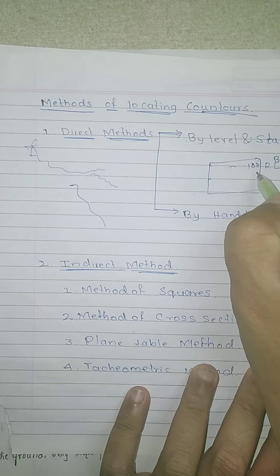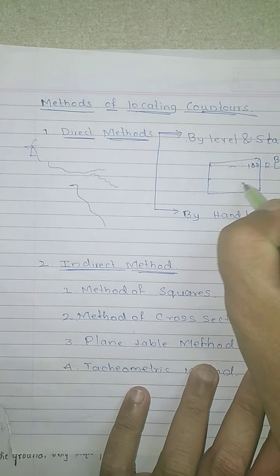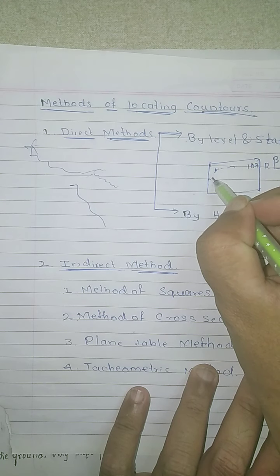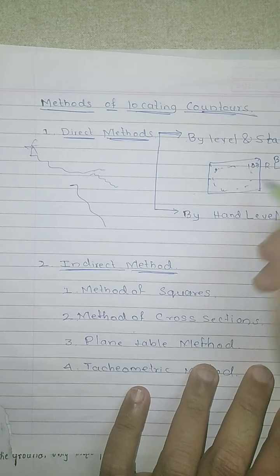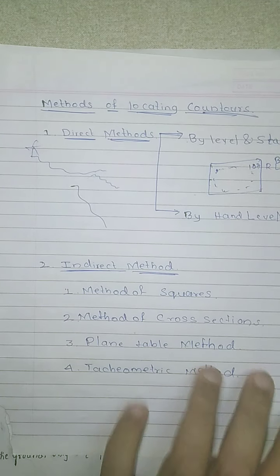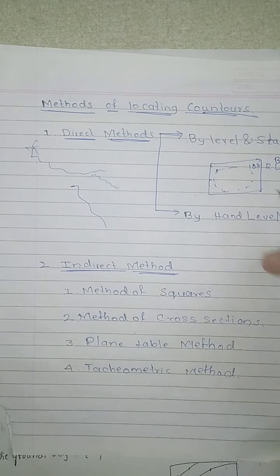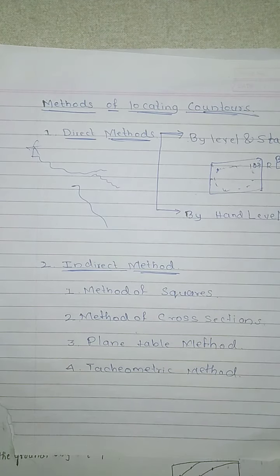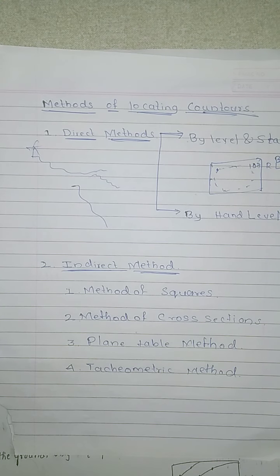Now you will move your staff to where you get that 107 RL, until you again reach the same point. So you will be searching for those points. Similarly, you will go for other different RLs till you find all the points.